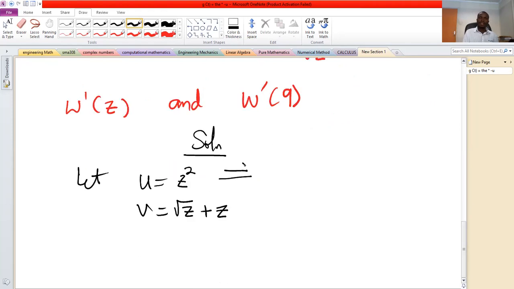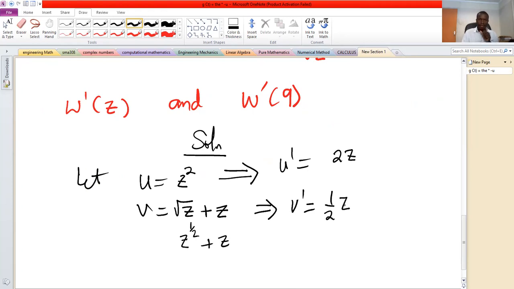So this means that U prime is 2Z, and this means V prime, this is the same as Z power half plus Z. So we'll have a half Z power negative a half plus 1.